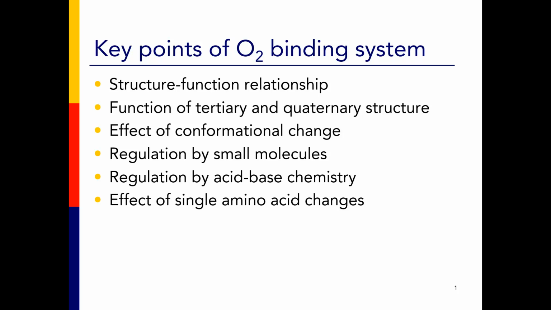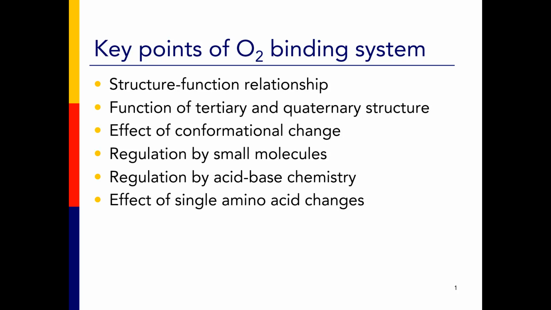So what would you say is the function of hemoglobin? To carry and deliver. So for myoglobin, the function is to bind oxygen. Hemoglobin is not designed only to bind. It's to bind and deliver.